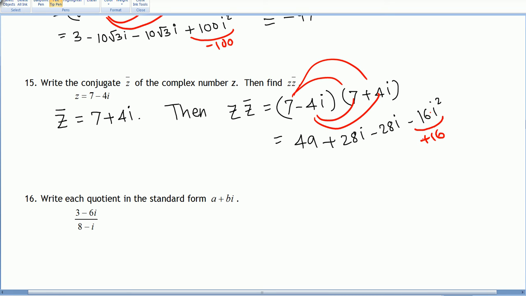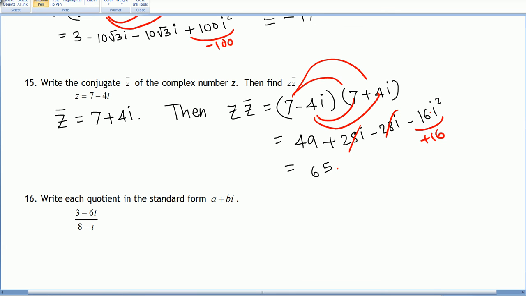We get 49 plus 16, so 65, and plus 28i minus 28i cancel, so just 65.